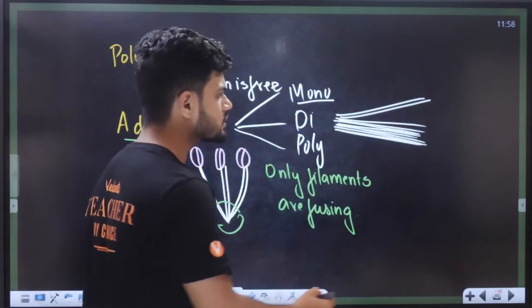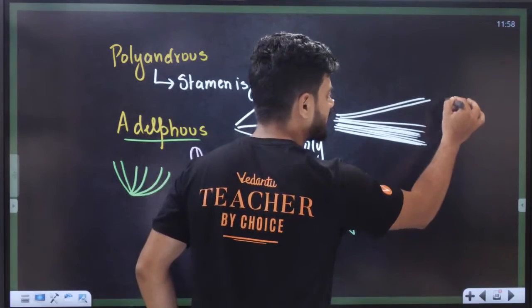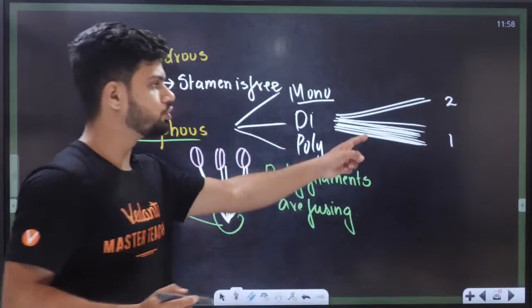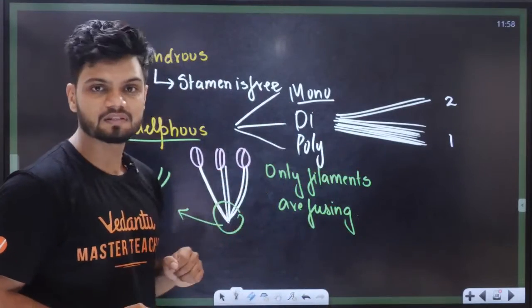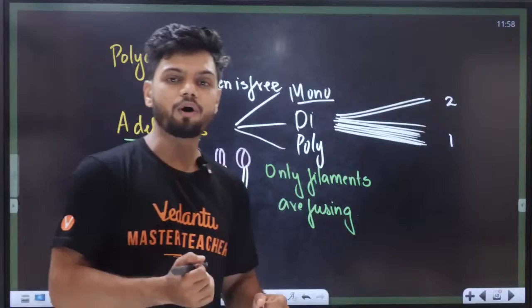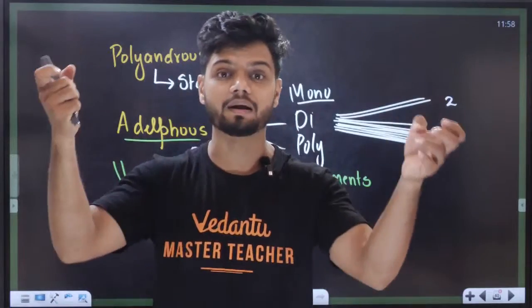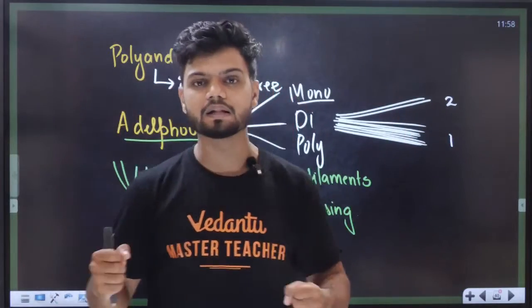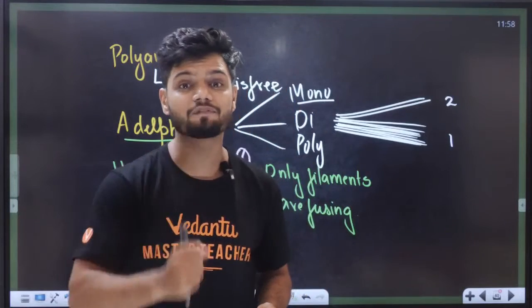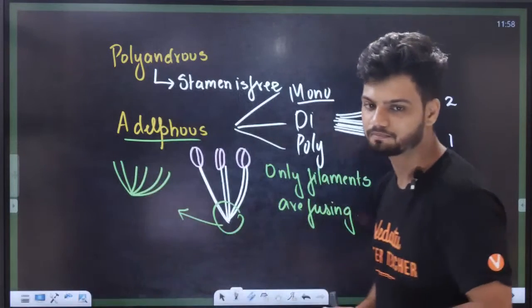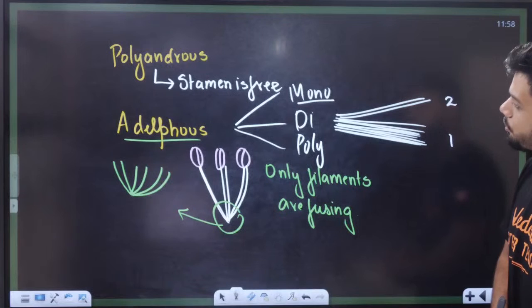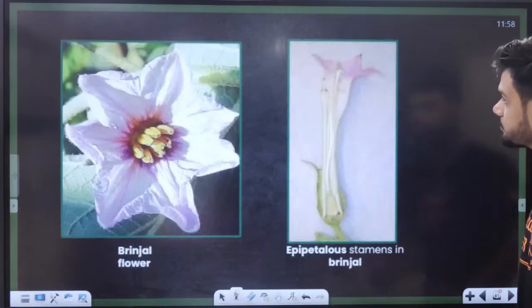Can you see? This is one bundle and this is the second one. Arranged in two bundles is called diadelphous condition. Poly means arranged into multiple different bundles. That is called polyadelphous condition. So mono, di, poly.